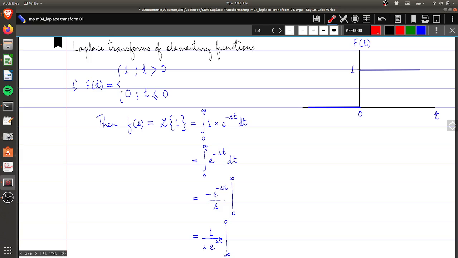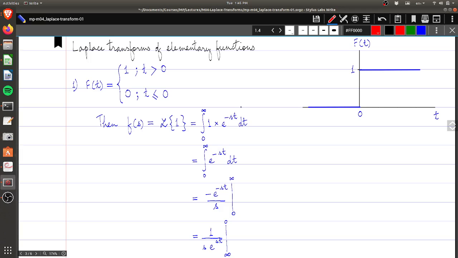So we are trying to find out the Laplace transform of this 1, this constant function for positive values of t. So what will that be equal to? Just apply the formula. The Laplace transform, as you remember, is whatever is the function times e to the power minus st, and you integrate that from a to b.